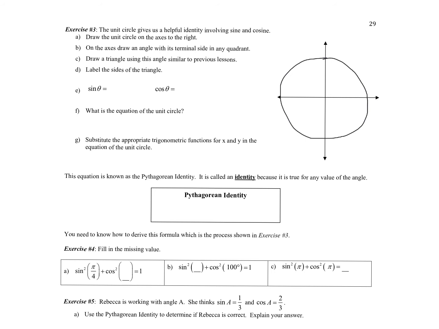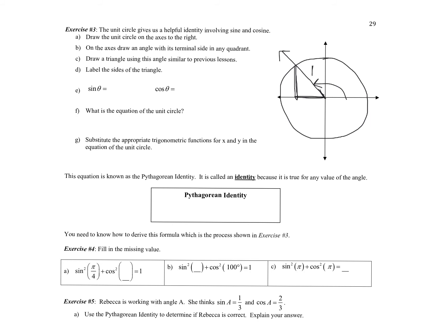This one has a side bump, but maybe a little more centered than my last one. So now we are going to draw an angle with its terminal side in any quadrant. So maybe I'm going to draw this one over here. So here's our angle, but we're using this triangle to talk about the trig functions. So that reference triangle. Now we're going to label the sides of the triangle.